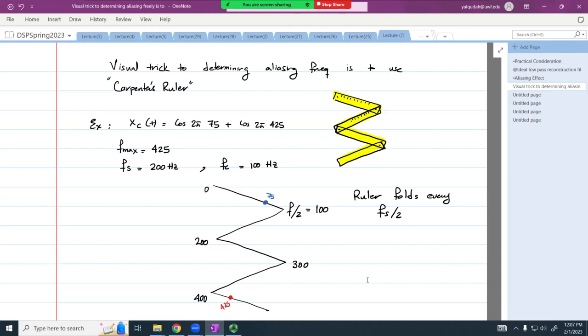Makes sense? If I sampled at greater than 850, then this will stretch much, much longer. When I collapse, I'll get back my original signal. If the sampling frequency is not satisfying Nyquist, then I'm going to get alias signals. These are not the original signal.